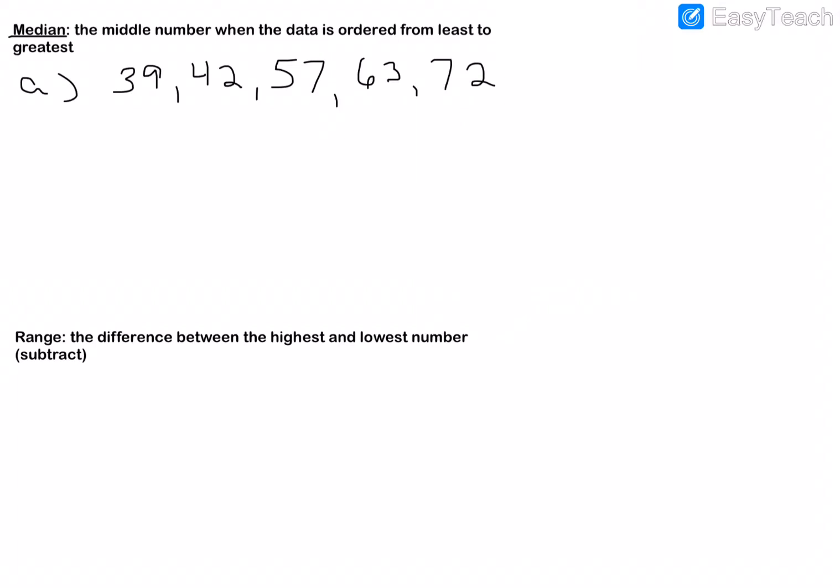I have 5 numbers in the set. The median is the middle number. So right here, the number 57 is right in the middle. I have 2 in front of it, and I have 2 behind it. So 57 is my median.